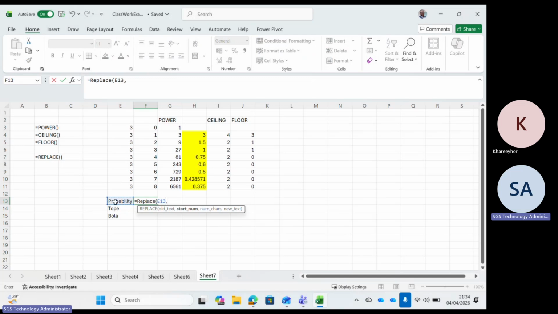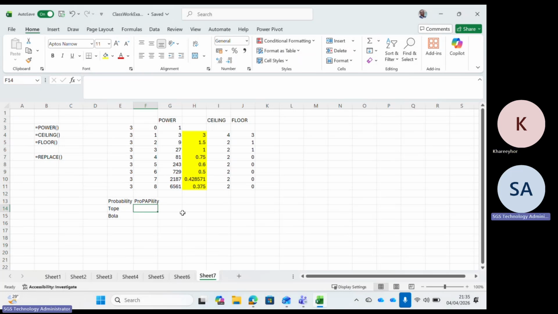Let's say from start number 4, which is B. How many characters do you want to change? Let's say 3 of them, BAB. Assuming I want to change it to PAP, that gives me what? Instead of probability, I have a new spelling.